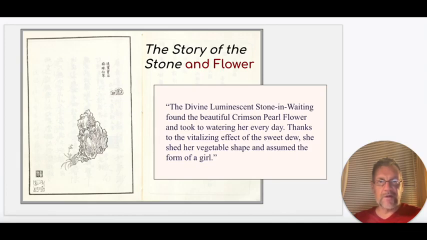And I would do this in the form of a short fable or sort of a fairy tale, which it is essentially, telling students at least as much that the stone was first made by the goddess Nuwa to repair a hole in the heavens, but was thrown away as unfit, and that despairing, it decided to go down to the realm of red dust in the form of a human boy, Jia Baoyu, and on the way that the stone conceived a kind of love for the crimson pearl flower, whom it watered with dew and brought to consciousness.